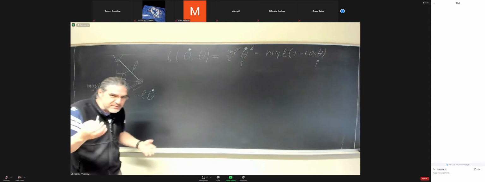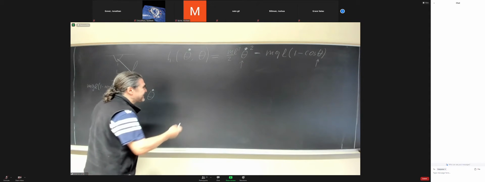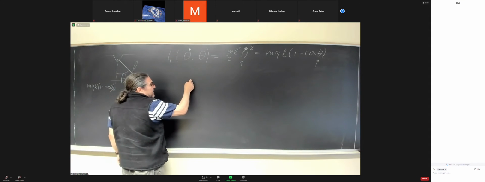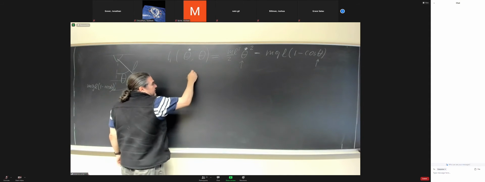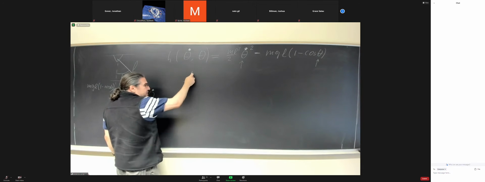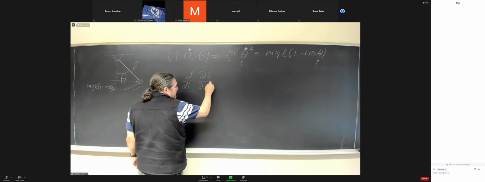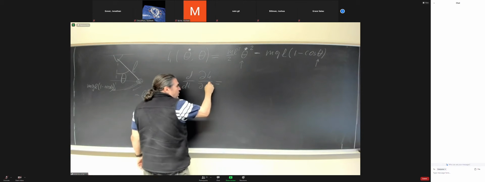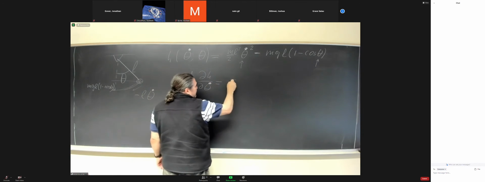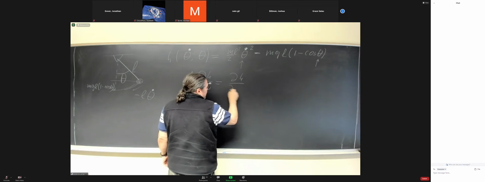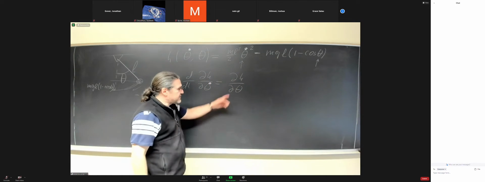Now my Euler-Lagrange equations are like this: the full derivative over time of the partial derivative of L with respect to theta dot must be equal to the partial derivative of L with respect to theta.